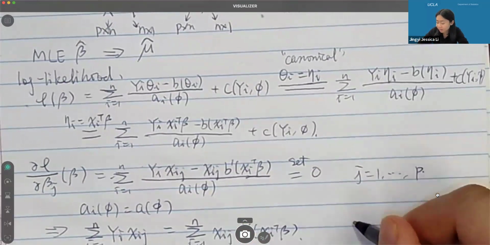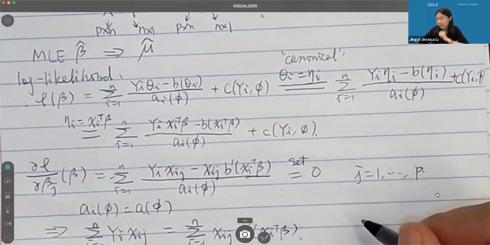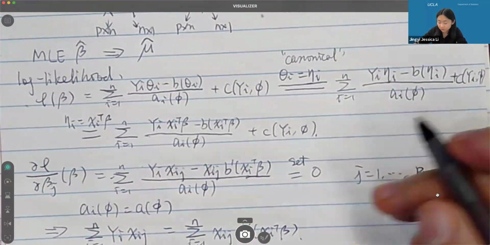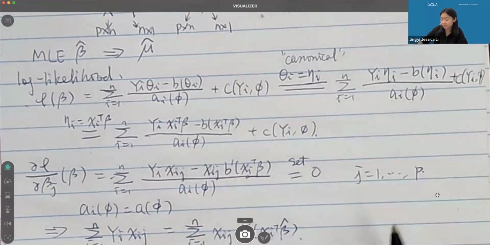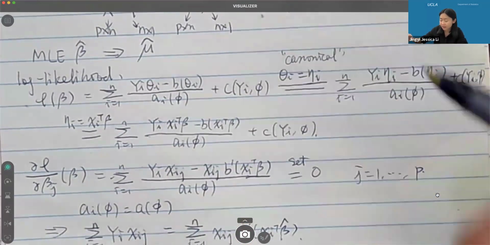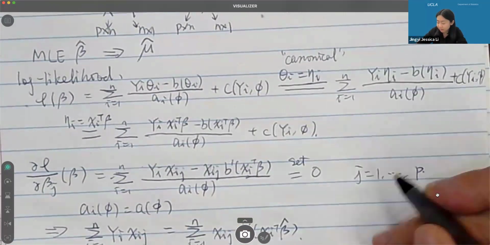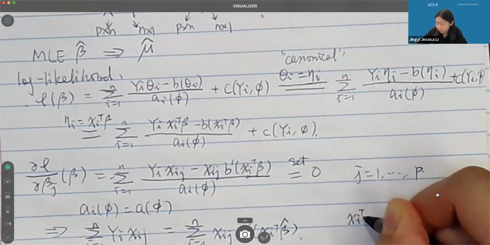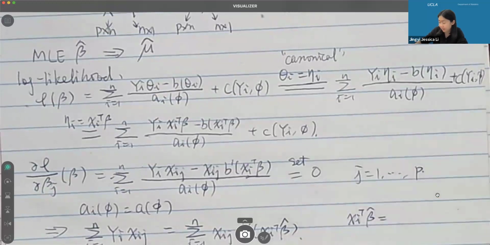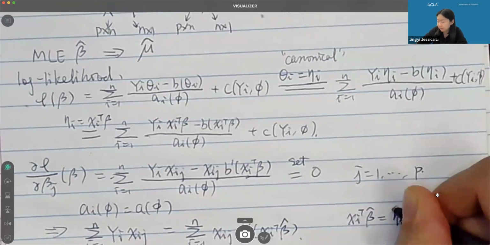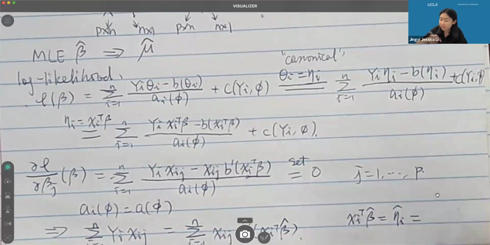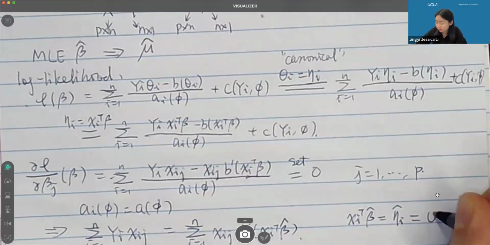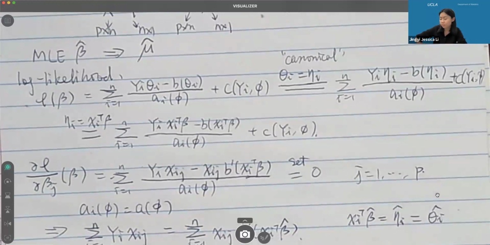Now I should put a hat here, because I'm setting this to 0 to solve for my MLE. I know that xi transpose beta hat is by definition my eta i hat, the linear predictor. By the canonical link function, it is my theta i hat, the location parameter of the exponential family.